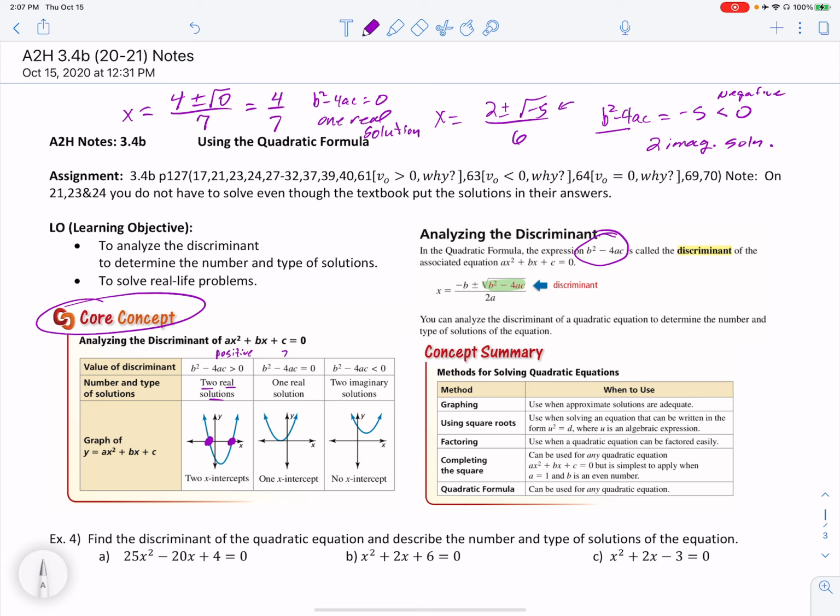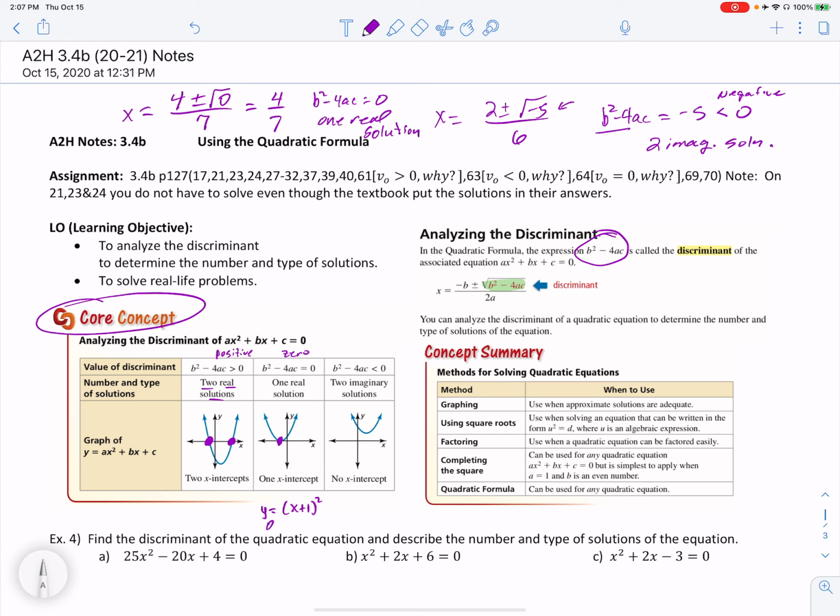However, when the discriminant is 0 in this middle case, what happens is that parabola is touching the x-axis in just one spot. Whether it's opening up or opening down, the vertex is on the x-axis. For example, maybe this is y is equal to x plus 1 quantity squared, where it's shifted to the left 1.